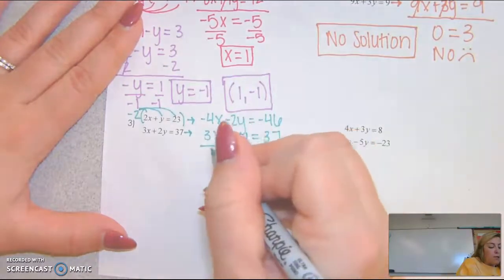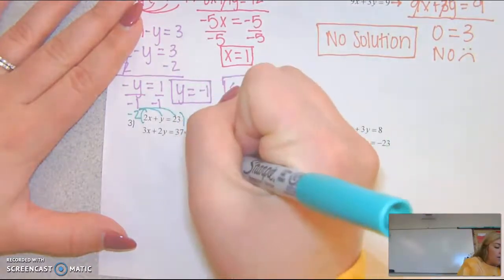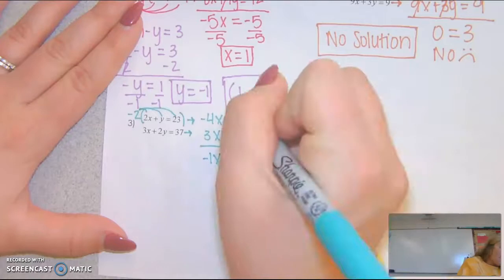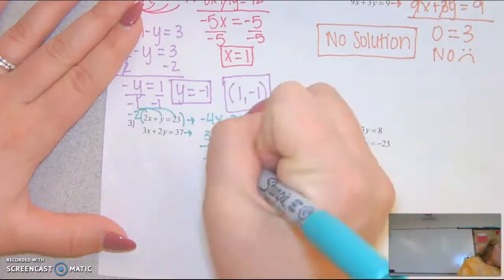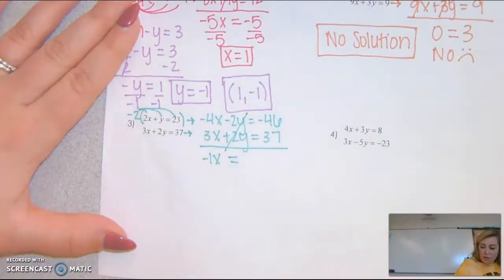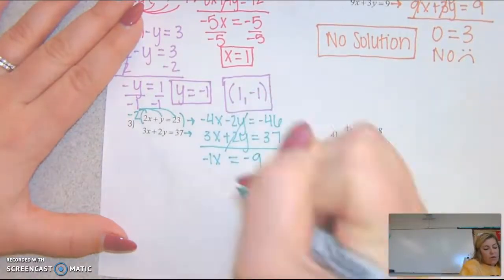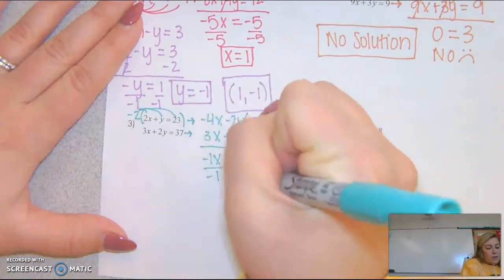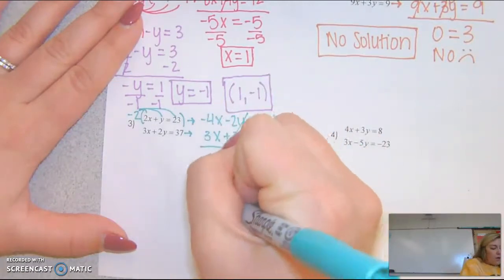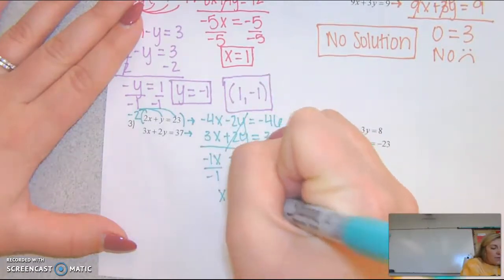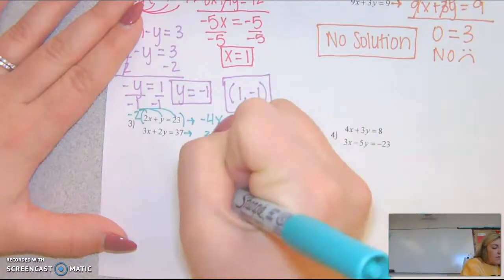So -4x plus 3x is -1x. My y's cancel. -46 plus 37 is -9. Now I just need to solve for x, so I'm going to divide by -1, and x equals +9.